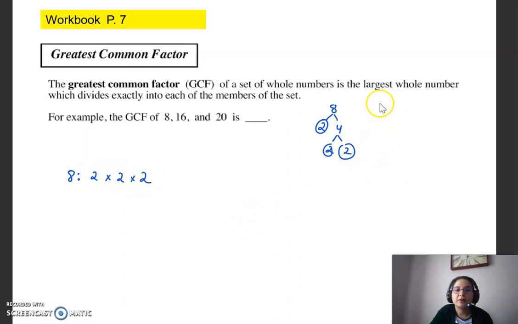Then I go ahead with the second one, and I again break it down. Again, this is going to be 2 and 8. You could just use the 8 from the previous example, but if you want, you can again break it down. Sorry, that should have been a 4 here first.